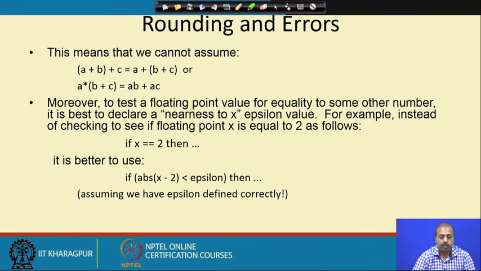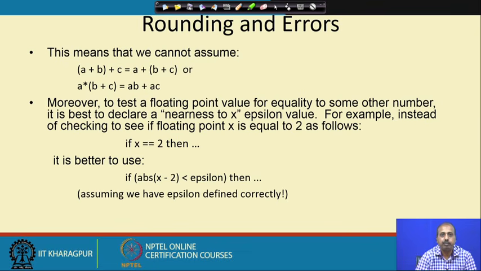Another important thing is that when you are checking the value of a floating point number, say we want to check whether x is equal to 2 or not, where x is a floating point number, this check may not be correct, because the number 2 may not be represented with the same level of accuracy as x. As a result, even if mathematically x and 2 should be the same, from the representation point of view their values may be different.